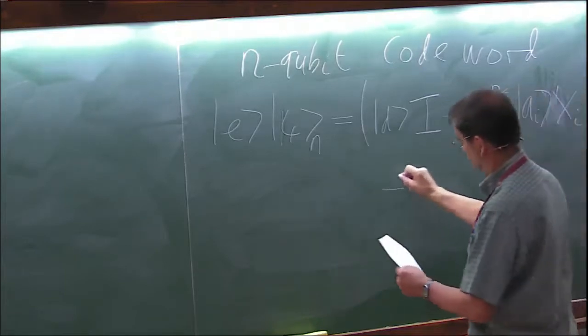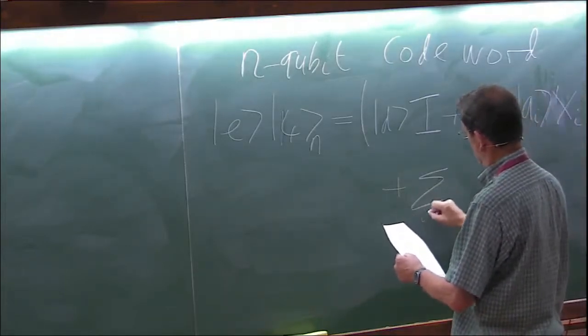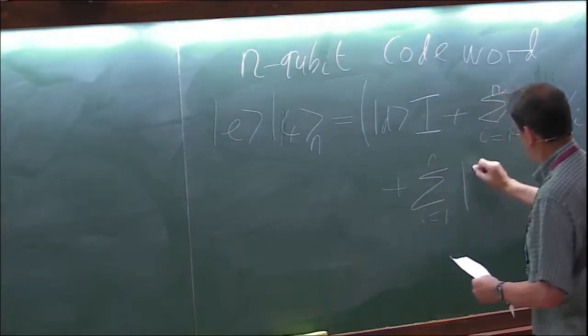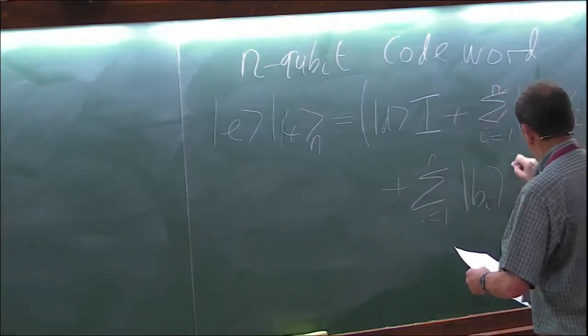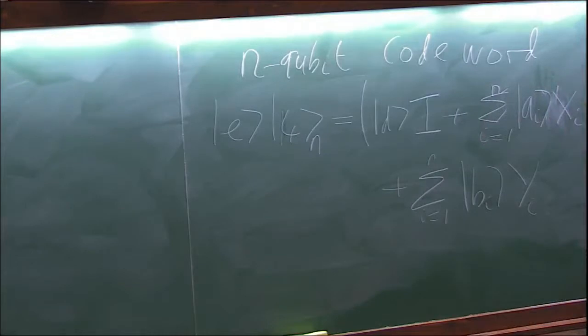And similarly, we can have a combined phase and bit flip on any of the n qubits, that's represented by Y. And we can have pure phase flips represented by Z on psi with n qubits.